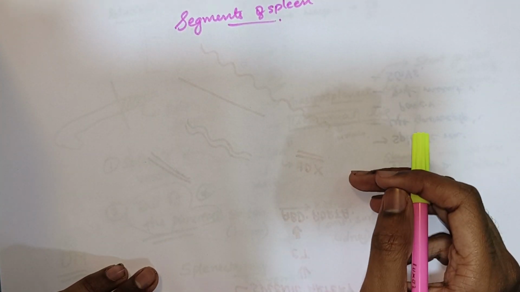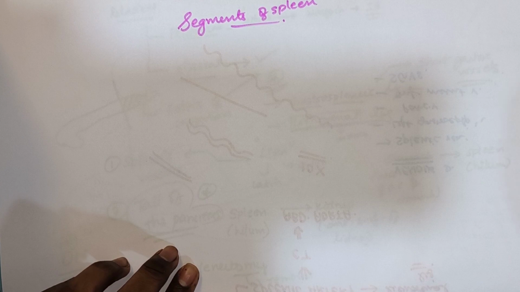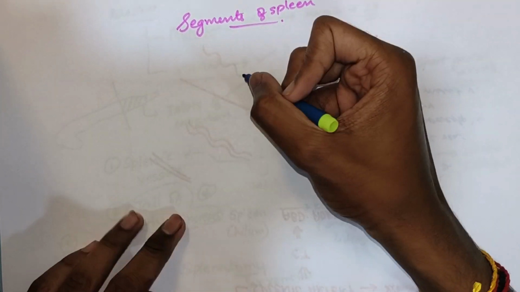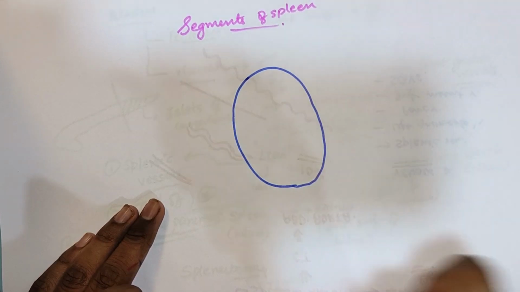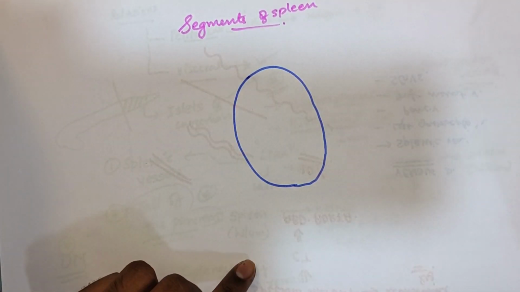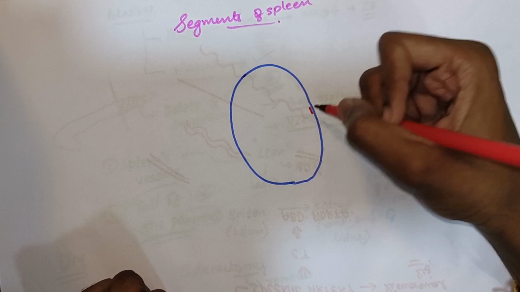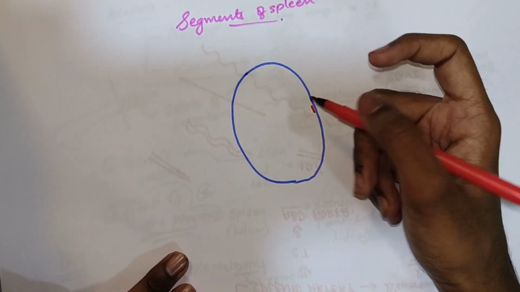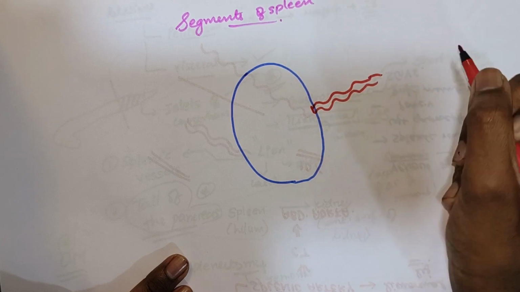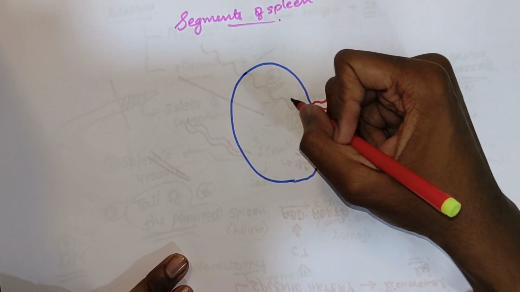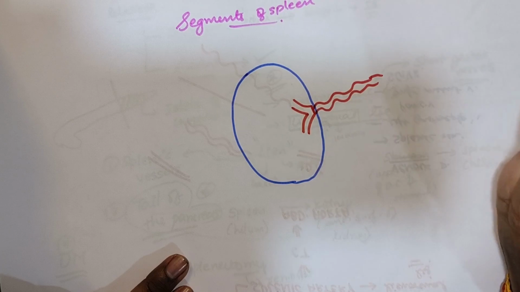Let's talk about the segments of the spleen. Now, if I make a rough sketch of the spleen, this is the spleen. Let us suppose that this is the hilum of the spleen. Now, this is the splenic artery entering into the hilum of the spleen and then dividing itself into two branches.